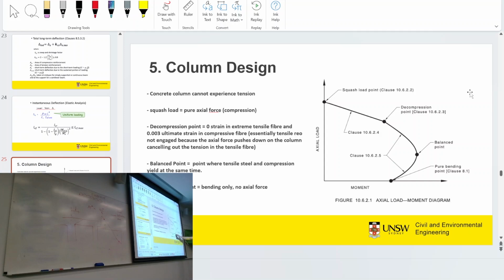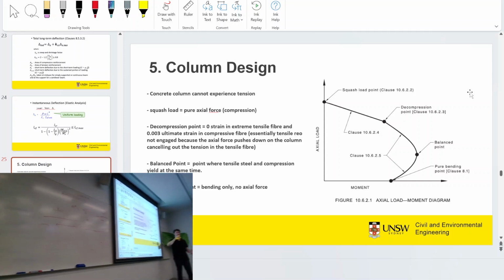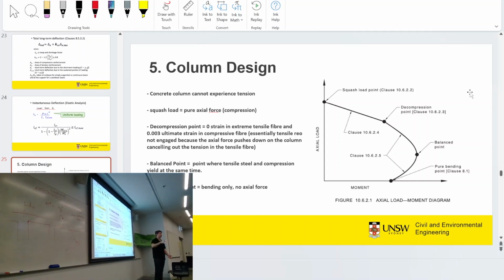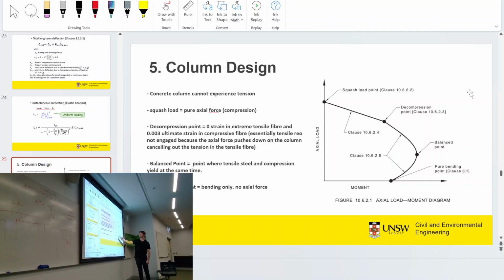And you've got your moment over here. So concrete columns can only take a certain amount of moment by themselves. But then the diagram starts to shoot out in this direction. With a lot of interaction diagrams you see for the design of columns in different materials, the diagram will just be a triangle, and you can only stay within that triangle.